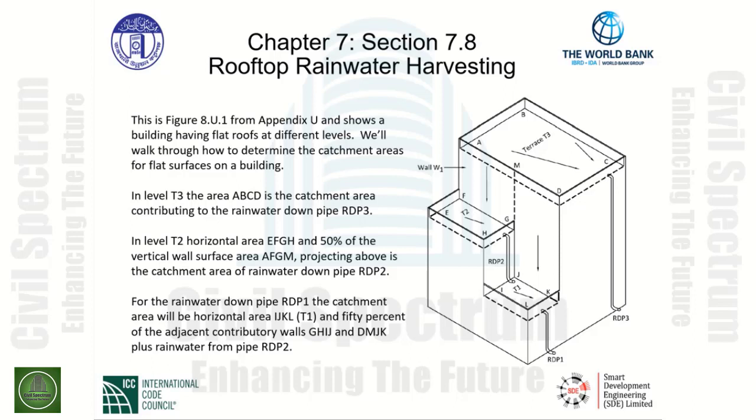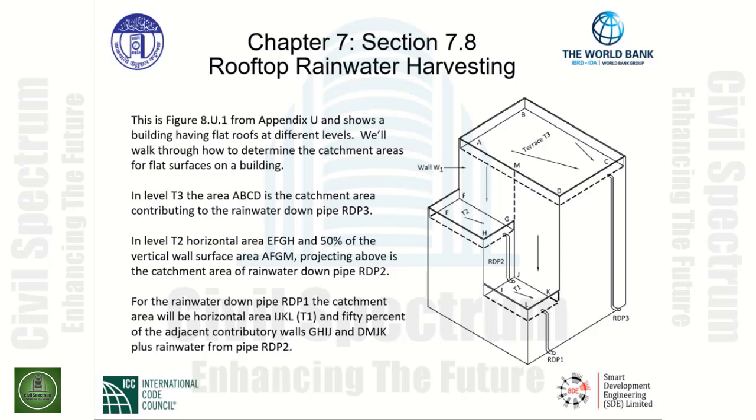As we look at the graphic on the right, the topmost portion, we can see the corners A, B, C, D. This entire area is actually sloped from AB to CD, as the slope of the roof allows rainwater to channel downward and into the inlet of the downpipe indicated RDP3.